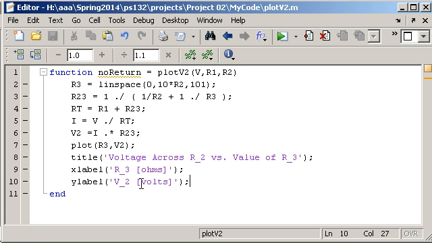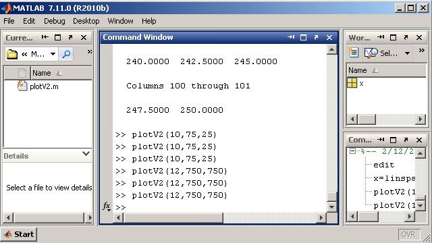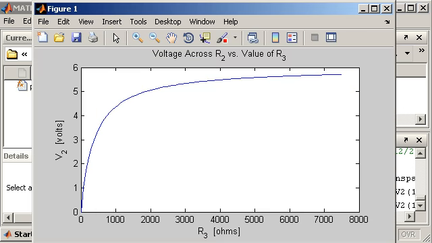I'm going to try putting a little bit more space there so it makes it more obvious that it's the units. R3 in ohms, V2 in volts, V2 versus R3, voltage across R2 versus value of R3. I think we're good.